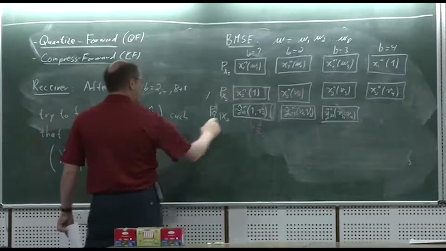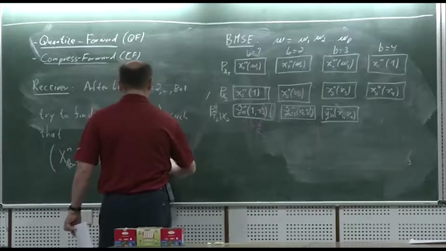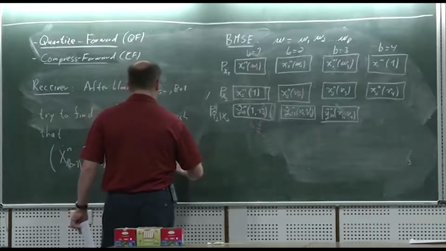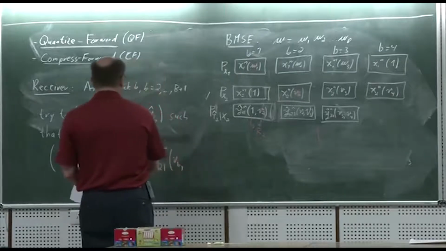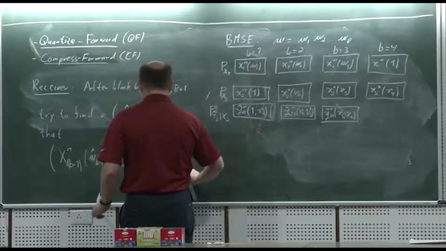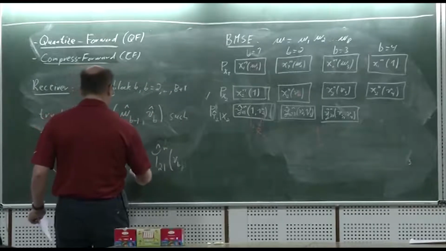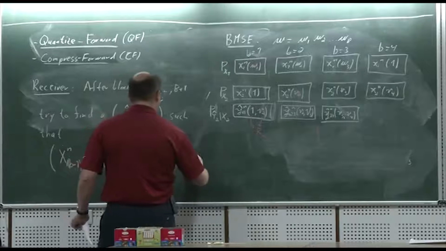And now I also want to have this piece jointly typical, so that will be V B and V B minus 1. I guess this is V B minus 1, right? V B minus 1, V B hat.